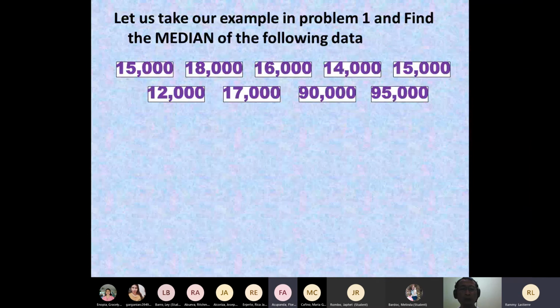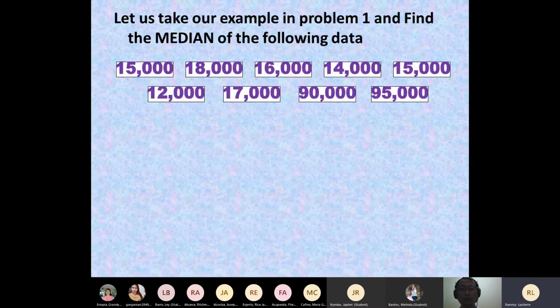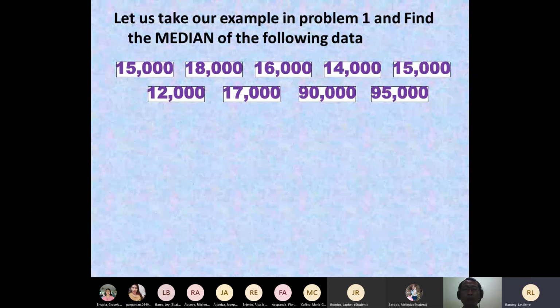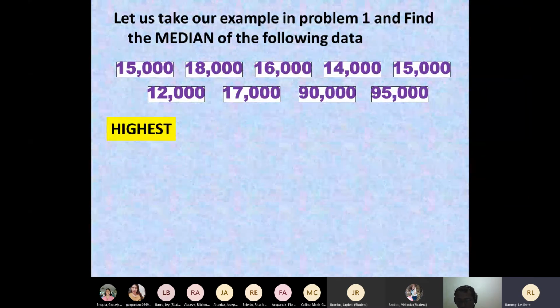Now, according to the median, one of the processes using ungrouped data: first arrange this from highest to lowest or lowest to highest. It depends on you. Then after arranging this data from highest to lowest or lowest to highest, find the middle item. For example, we arrange this from highest to lowest.